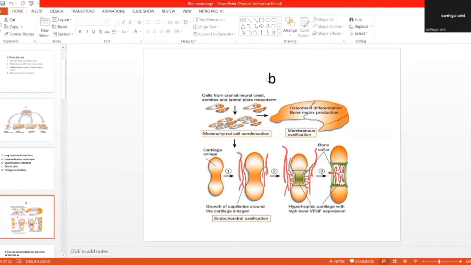The mesenchymal cell is responsible for the formation of flat bones, that is, bones of the skull, and endochondral ossification, that is from the cartilage, is responsible for the formation of long bones. Please remember this, and also remember about collagen.